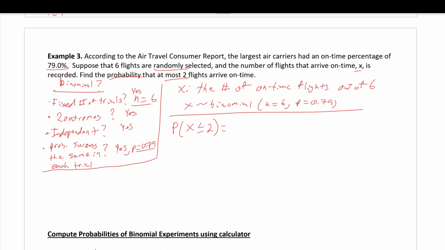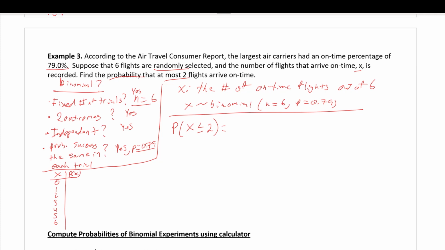Now, this could be done in a couple of ways. Probability that x is less than or equal to 2. Well, if we look at the table here, x, probability of x, 0, 1, 2, 3, 4, 5, up to 6, and there's a probability associated with each one of these.